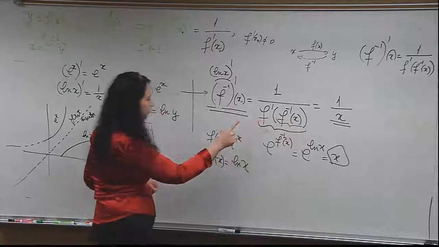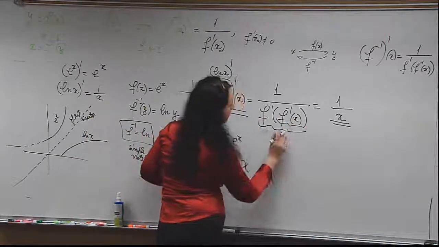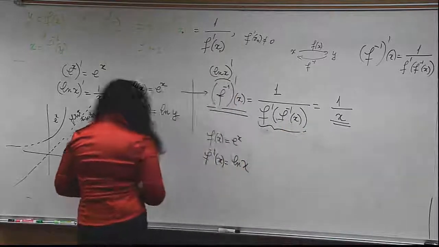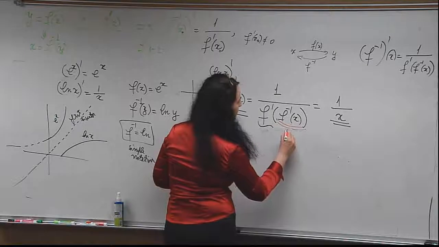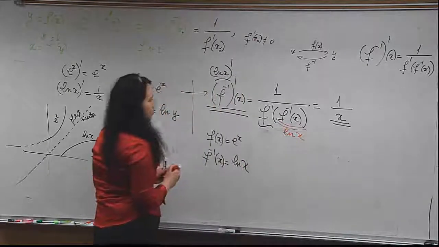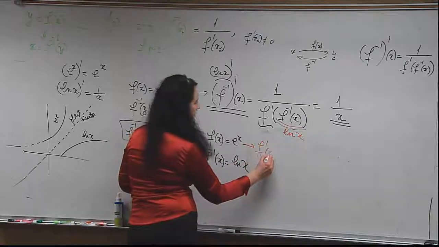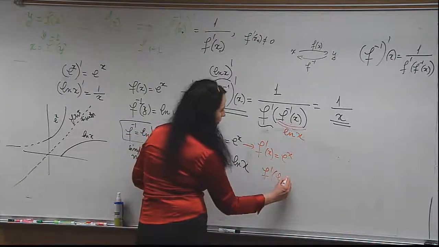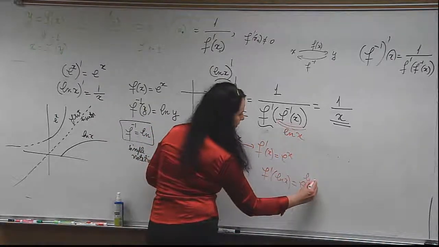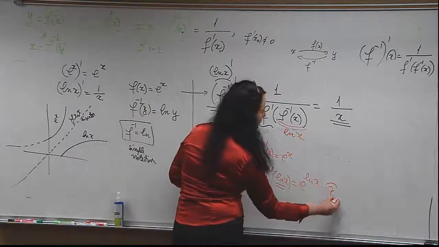Now, who is f inverse of x? F inverse of x is natural log of x. So again, let me write. All this guy here in the orange thing, this Mr. f inverse of x is ln x. Who is f prime? F prime of x is e to the x. So f prime of natural log of x will be e to the natural log of x, applied to natural log of x, which is x. So you got x.